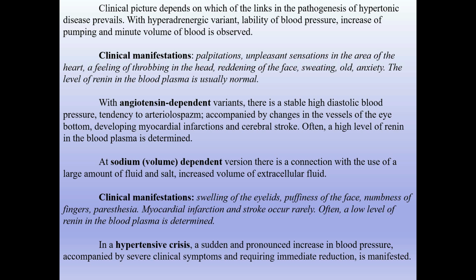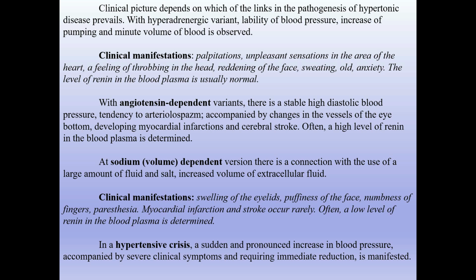With angiotensin-dependent variants, there is a stable high diastolic blood pressure, a tendency to arteriospasm, accompanied by changes in the vessels of the eye fundus, developing myocardial infarctions and cerebral stroke. Often, a high level of renin in the blood plasma is determined.